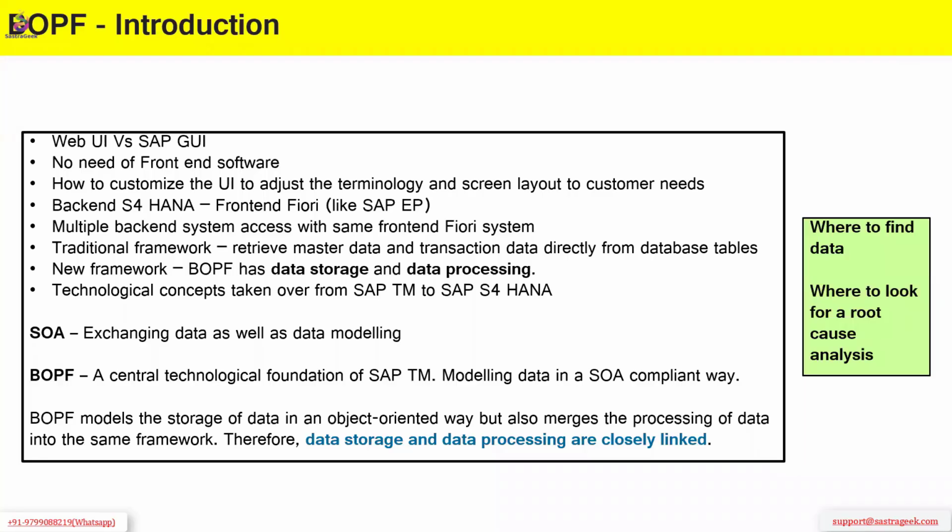So by virtue of that process, a new structure came into existence. Of course, technologically things have also contributed to it, because we had client server system, enhanced into service oriented architecture, where the modeling of the functionalities was very component oriented, and then you have data storage at one place and data processing also at the same place.